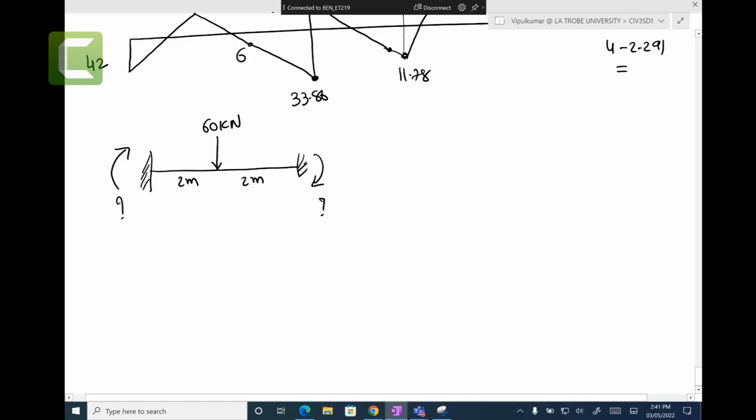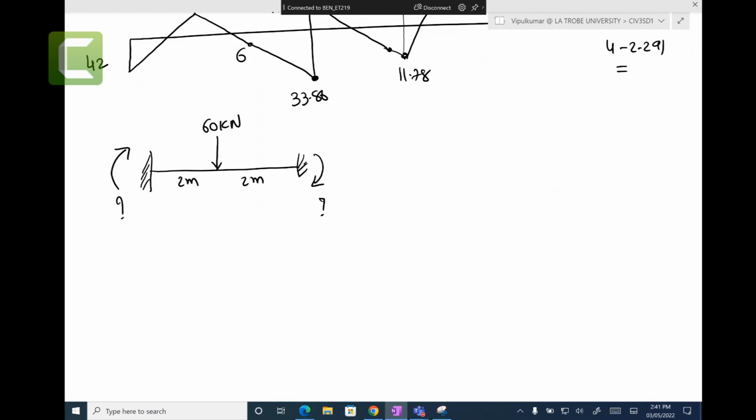Is it possible to solve? So far we have taught you this one. Forget about fixed end moments, anything. There is one example for you. There is a beam 4 meters long. This beam has a concentrated force of 60 kilonewtons coming in the middle. The question asked is, what would be the reaction moments here and here? Is it possible to solve? You know what I mean?